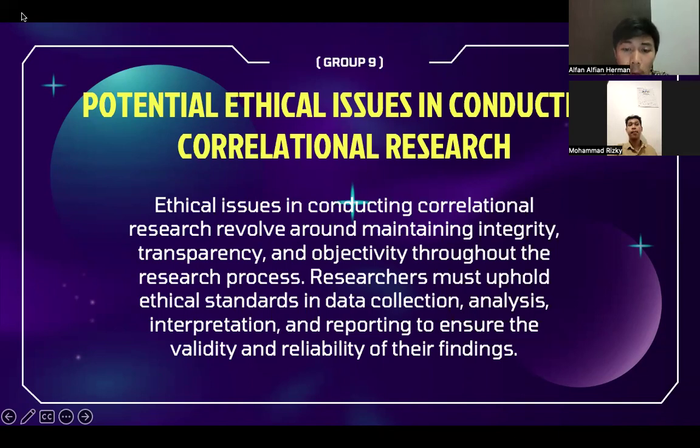Researchers must uphold ethical standards in data collection, analysis, interpretation, and reporting to ensure the validity and reliability of their findings. So, by addressing potential ethical concerns proactively, researchers can uphold the principles of research ethics and contribute to the advancement of knowledge in a responsible and ethical manner.